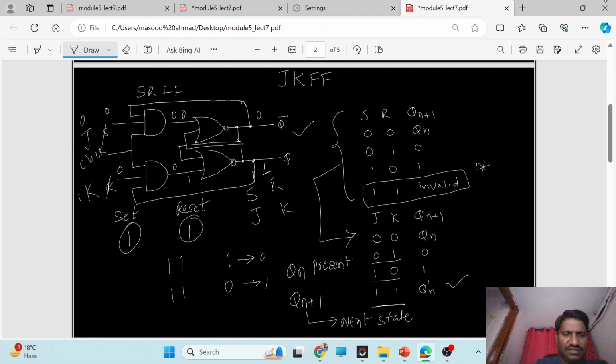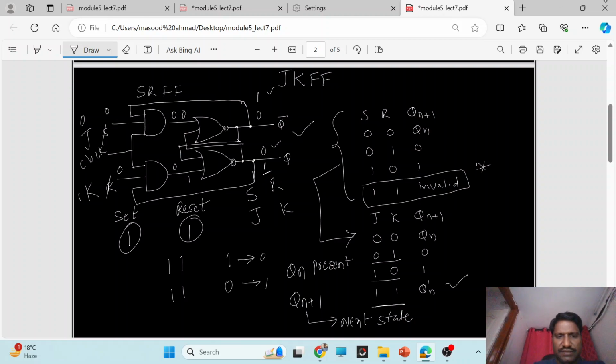Now 0 and 1, ORed, is 1, and 1's complement is 0. So this will become 0, and this is input to this. So once again 0 and 0, the output will be 1. So Q is equal to 0. What we have seen is that when J is equal to 0 and K is equal to 1, we get a new value of output where Q is 0 and Q bar is 1.